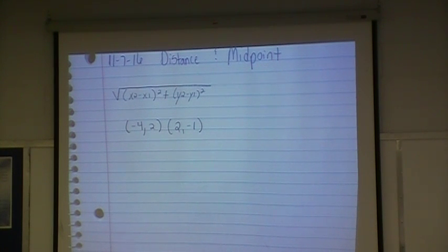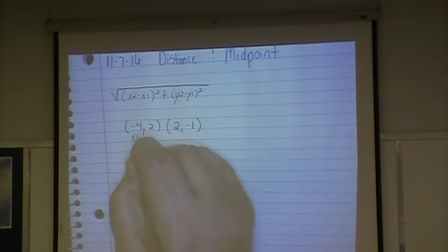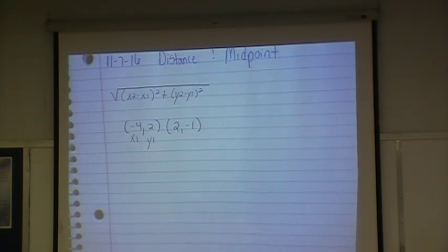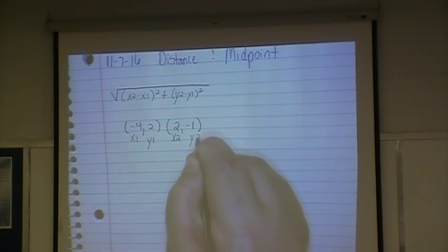And no matter what you're doing, whether it's distance or midpoint or quadratics or whatever, the way we set those points up is never going to change. This first parenthesis is x1, y1. It's not going to change. This second parenthesis is x2, y2.